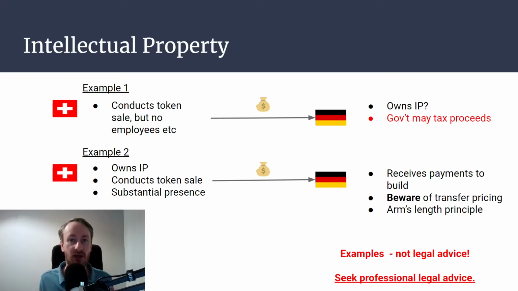That should, again, no guarantees, give some protection against the German tax authority, who will probably hit you with a higher tax. Now, as I've said before, I'm not a lawyer, so I'm really trying to be cautious here and saying this is not necessarily the way that you should do it. This is just a way that I have seen it being done, and these are problems that I've heard about. That intellectual property can be a headache, and you may get taxed on it if it sits within the wrong jurisdiction, shall we say.